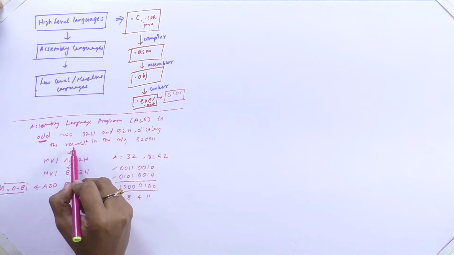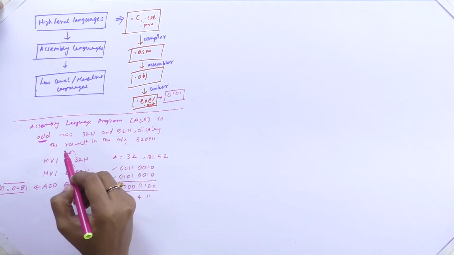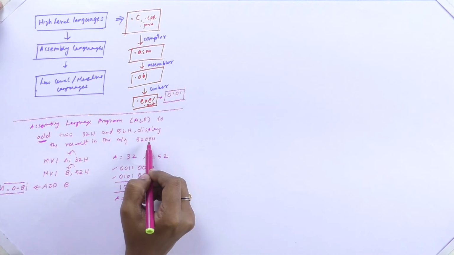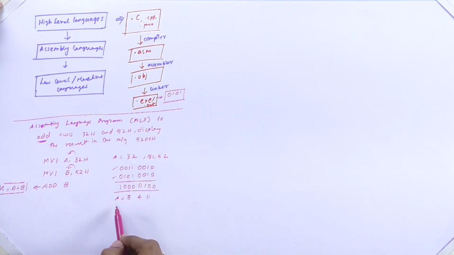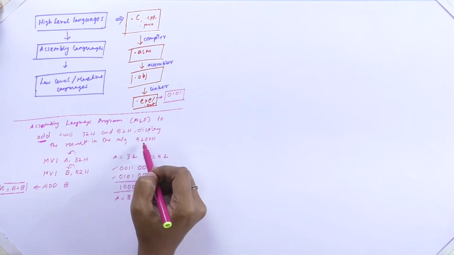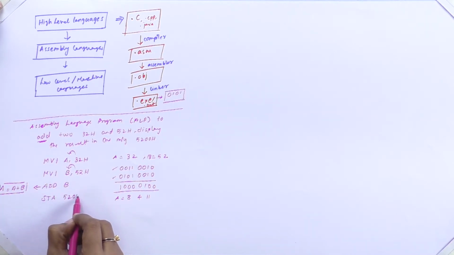The last part of the question is to display the result in the memory location 5200H. We have the result in the accumulator and we have to display it in the memory location 5200. For this purpose, we can use the instruction store accumulator, so STA 5200H.